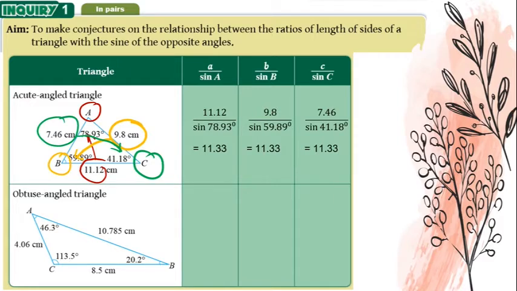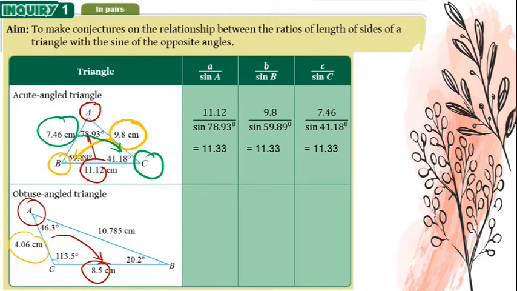So now let's do the obtuse angle triangle. Where is small a? Small a is located opposite to the angle at vertex A, which is 8.5. And where is small b?